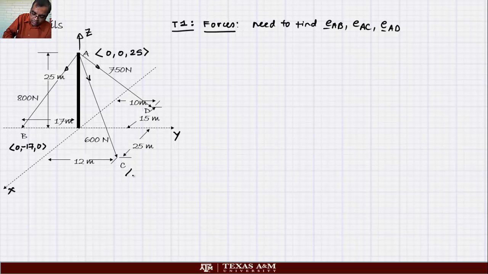And C: X component is 25, Y component is 12, Z component is 0. And for D, X component is minus 15, Y component is 10, that's this distance, and Z component is 0. Those are A, B, C and D.